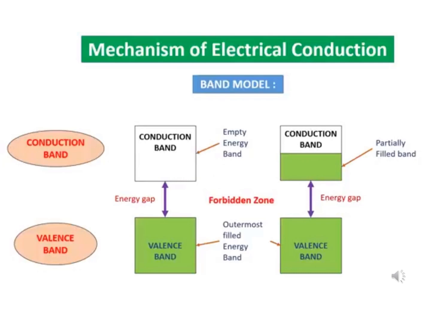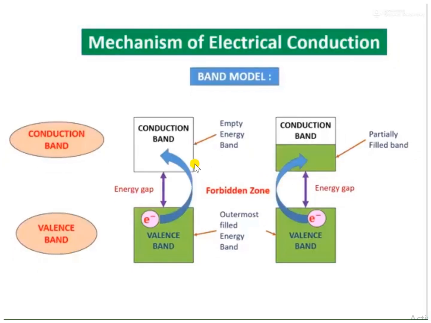So the distance between the valence band and the conduction band is known as the energy gap. When an electron moves from the valence band to the conduction band, it has to overcome this energy gap.